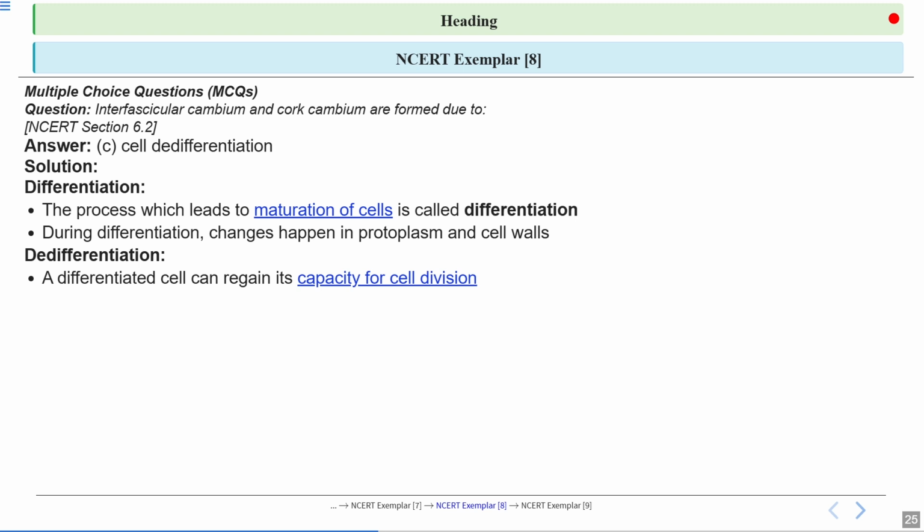Once it has transformed into a mature cell, it comes back as meristematic. This phenomenon is called de-differentiation. Very important.